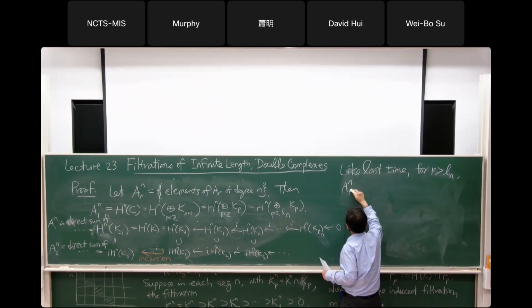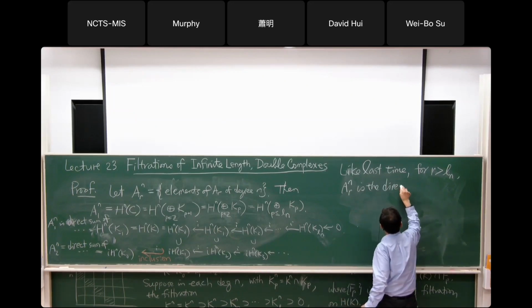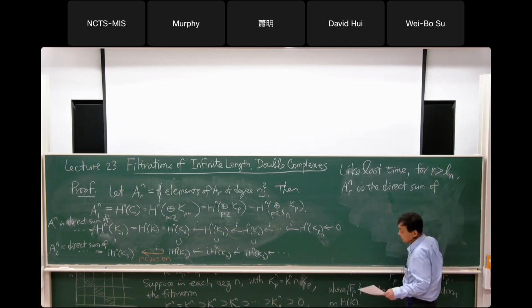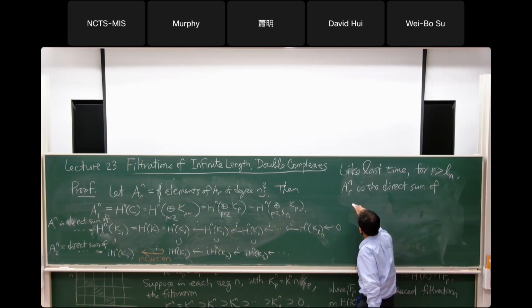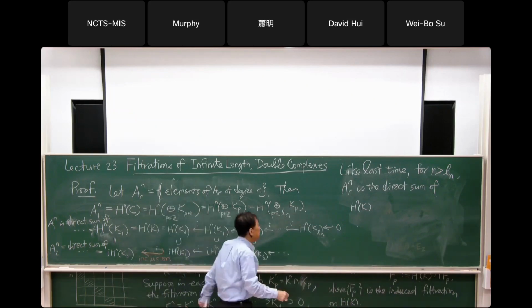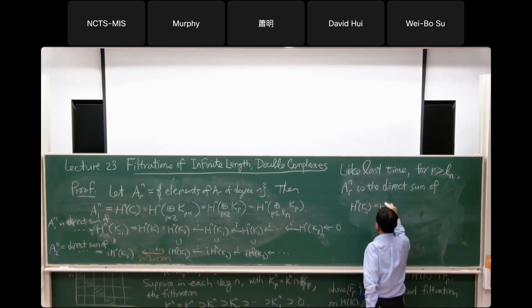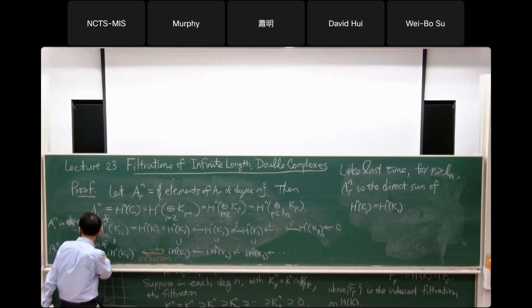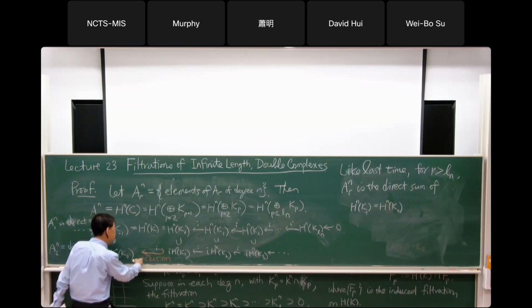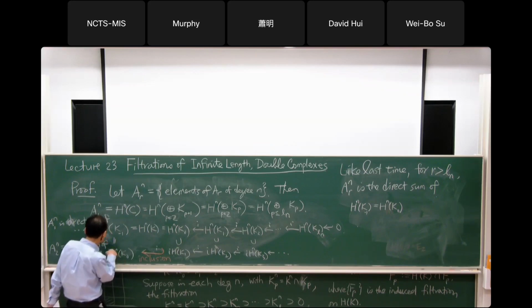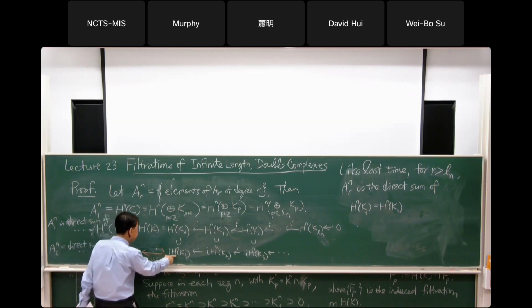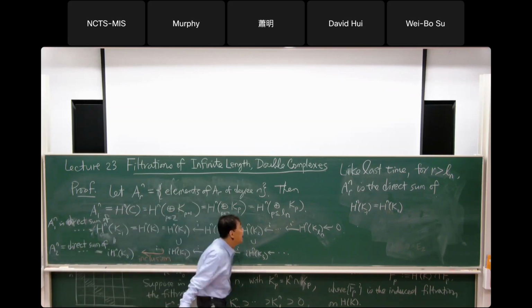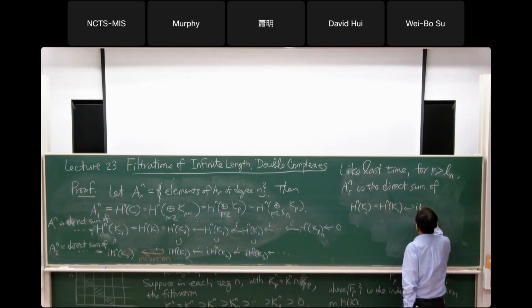So A_n^R is the direct sum of H^n of K_{-1}, and that's the same as H^n of K_0, and then in degree 2, you would have, okay, this is the same as H^n of K_1. So this is I H^n of K_1.